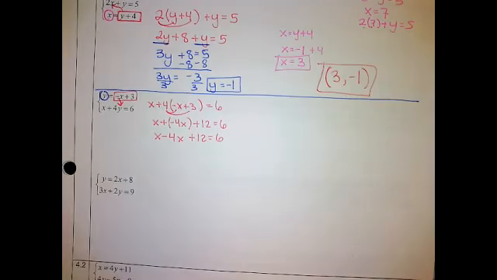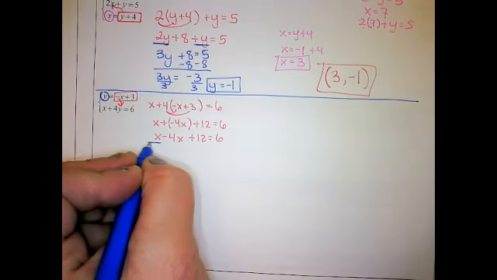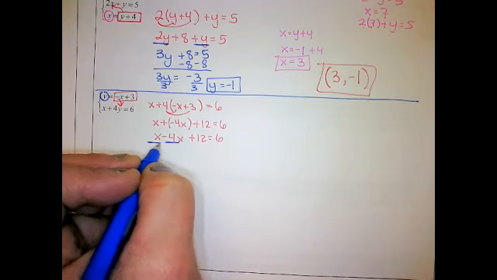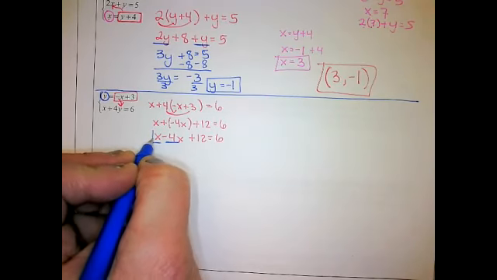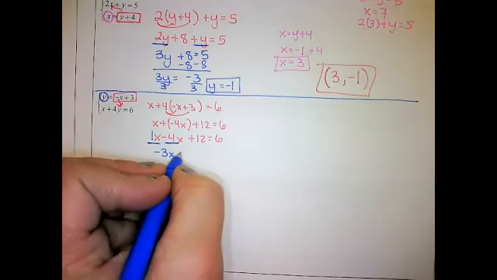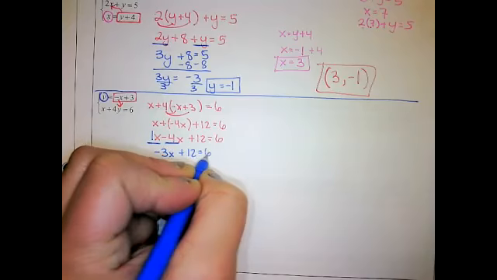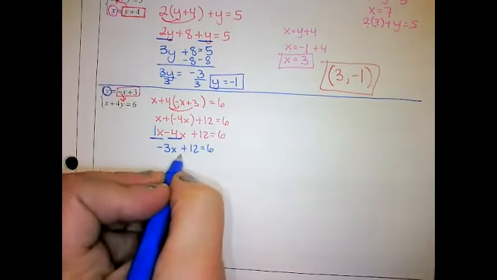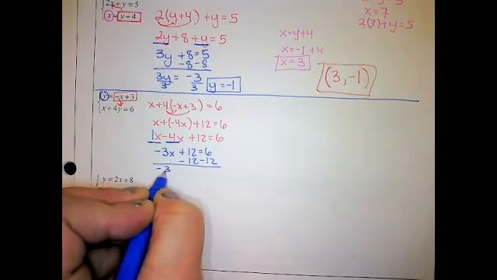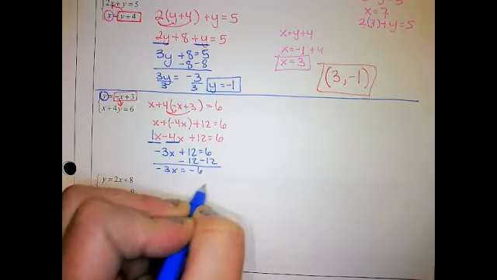I need to combine my like terms. So I have 1x and I have minus 4x. I'm not going across the equal sign, so I'm combining them as is. So 1 take away 4 is negative 3x plus 12 equals 6. Now I need to subtract 12 from both sides, and I get negative 3x equals negative 6.